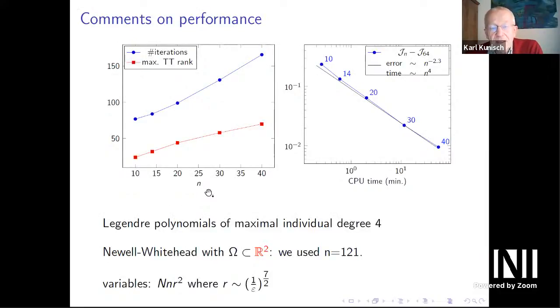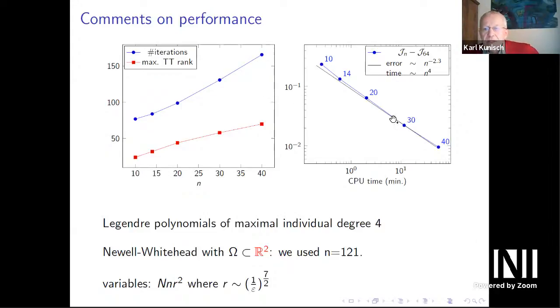Let me look at how, for example, the tensor train rank behaves as a function of dimension. It is really a linear behavior. The iterations here are the policy iterations. Here it must be said, as the dimension grows, in fact, the number of needed iterations increases typically faster than linearly.